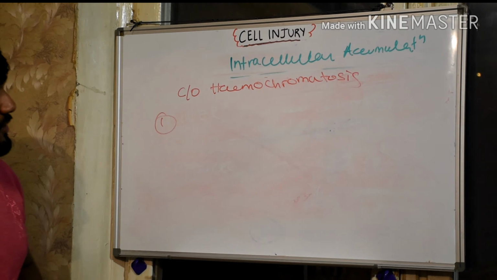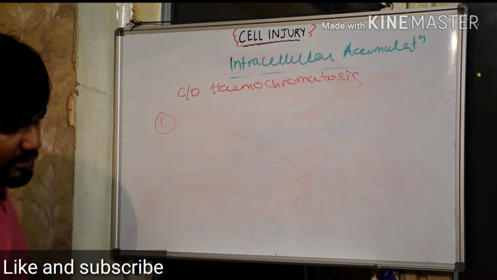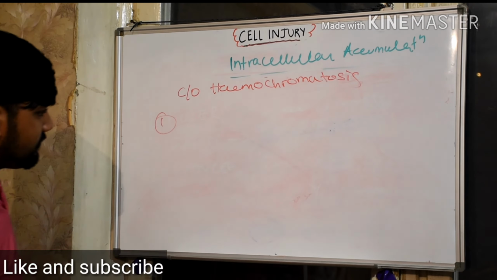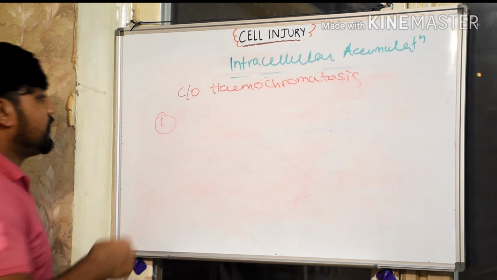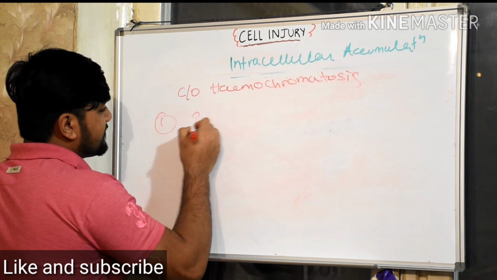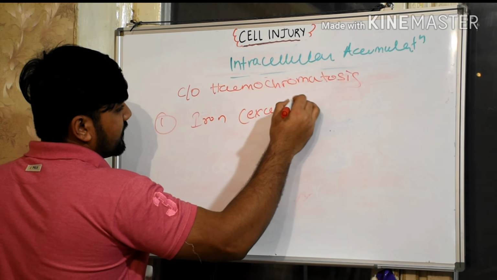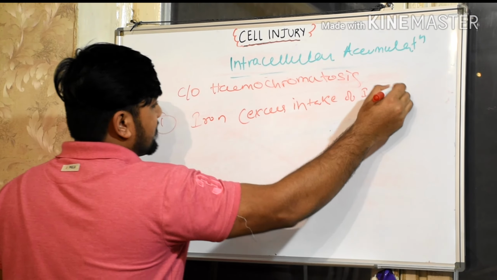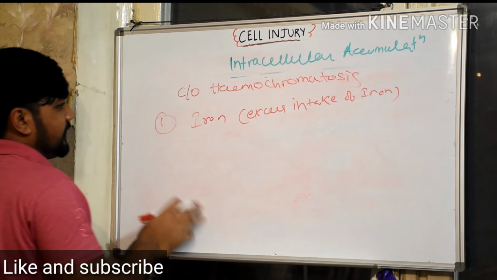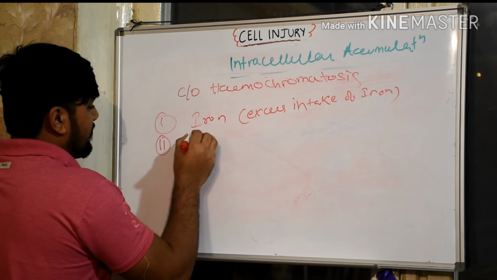There is accumulation of hemosiderin. How will the accumulation of hemosiderin increase? If there is more iron in our body. How will excess iron be present in our body? If we take more iron pills. Excess intake of iron pills, not prescribed by a doctor, can cause hemochromatosis.